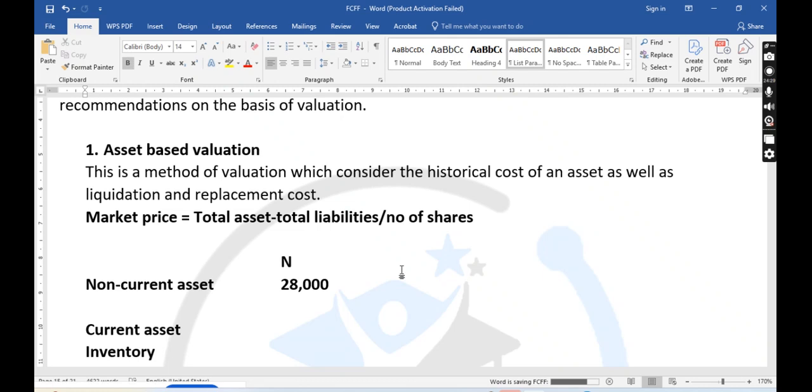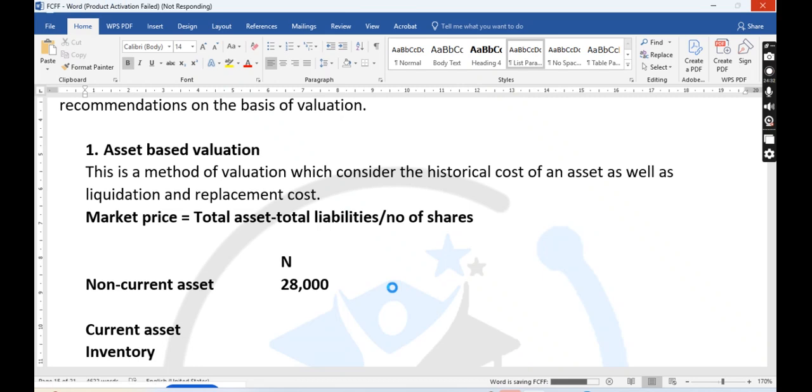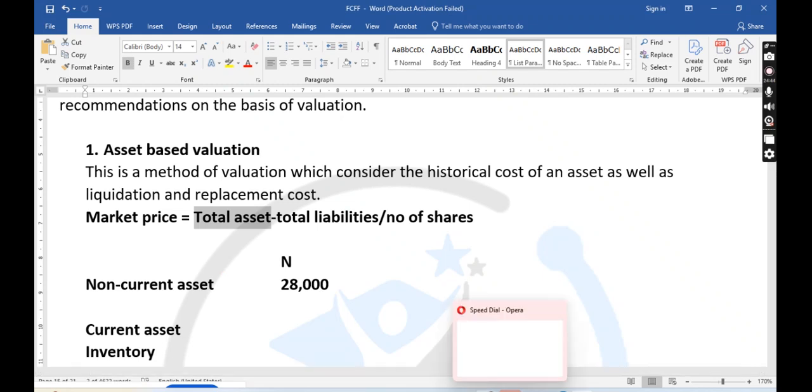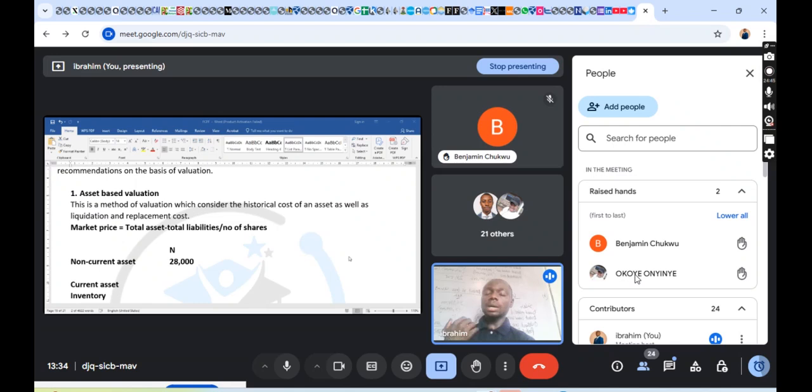I don't understand the explanation. As in now, we are picking total assets. We pick the first asset, which is this. Then the current asset as well. Then we need to adjust for the inventory given to us.